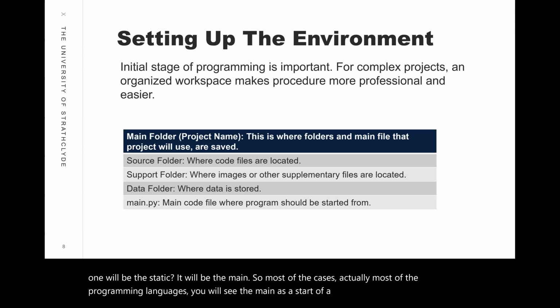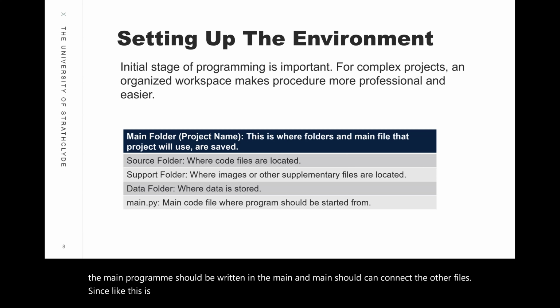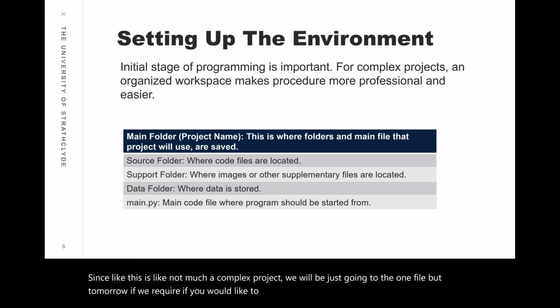The main program should be written in the main, and main can connect the other files. Since this is not a very complex project, we will be just going with one file. But tomorrow, if you would like to see how to add multiple Python files together, I can show it to you.